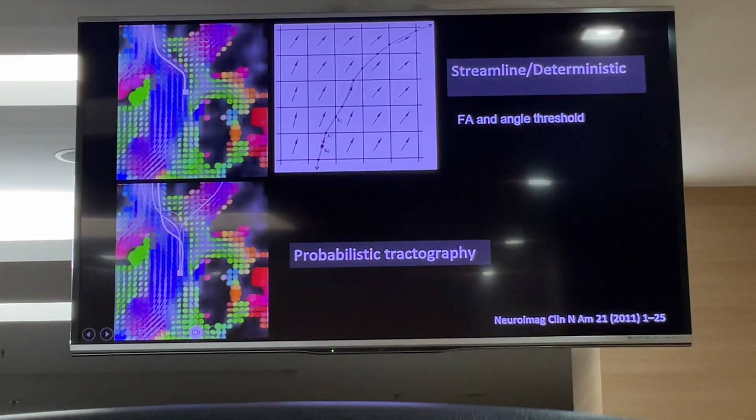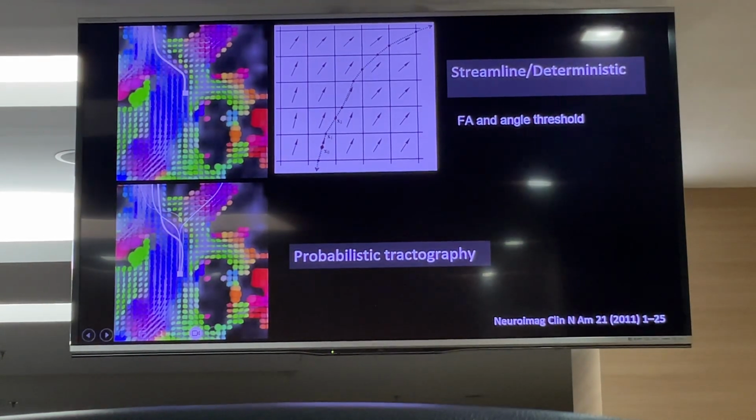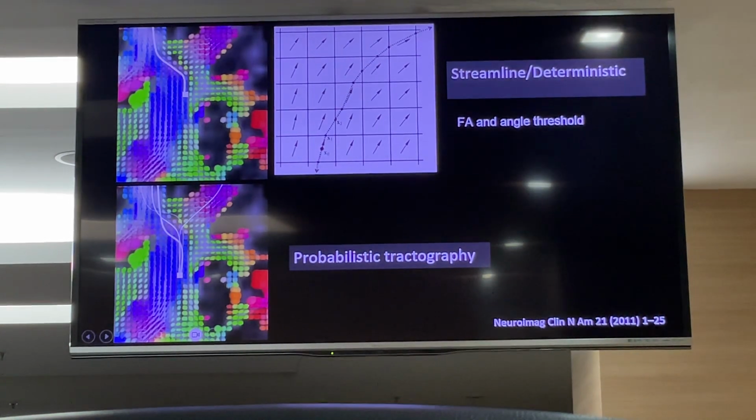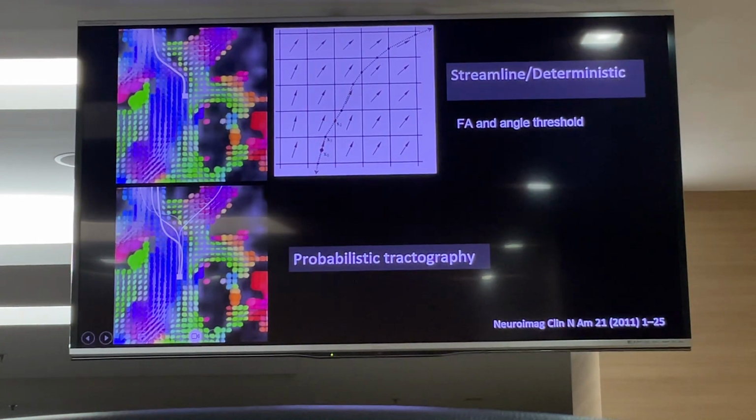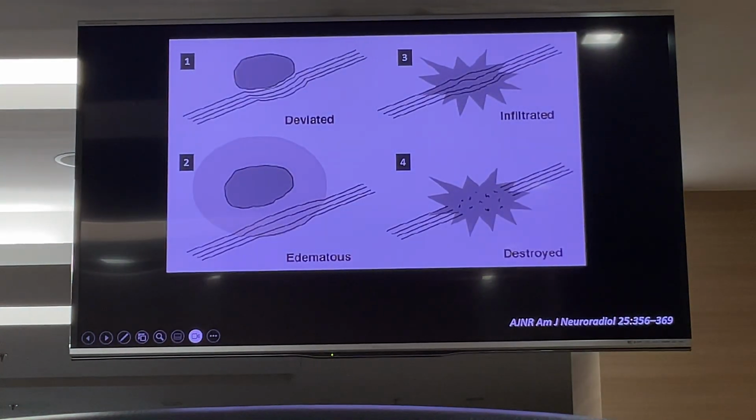Another way is probabilistic tractography, where you calculate all the probabilities over the voxels you want and just choose what you need for that situation.